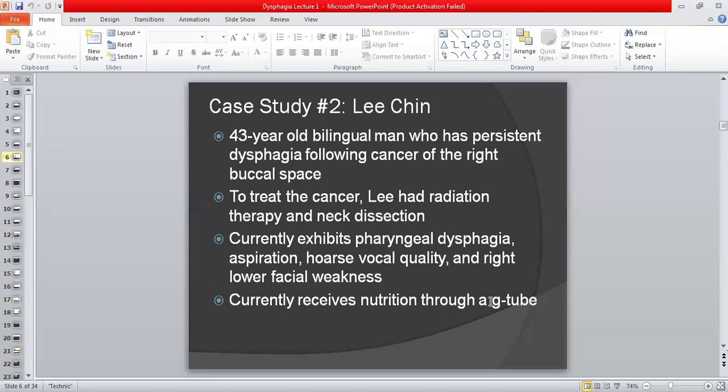So at times when a person cannot sufficiently or safely take food from his oral cavity to the stomach, we need to find an alternate route for the food to go to the stomach. So in the case of Lee, he was advised G tube, where the food is directly pumped into the stomach.